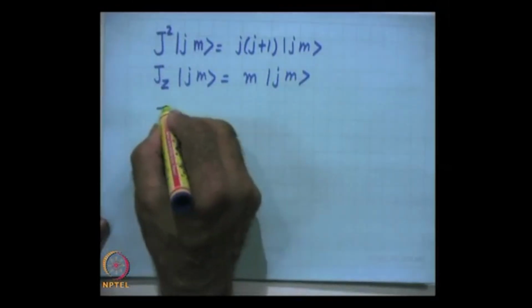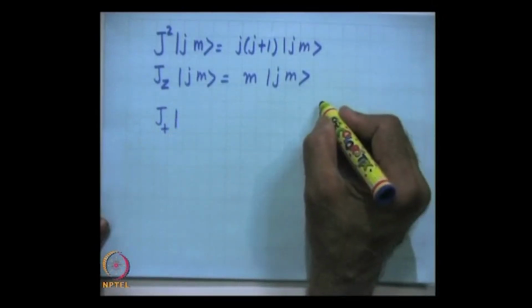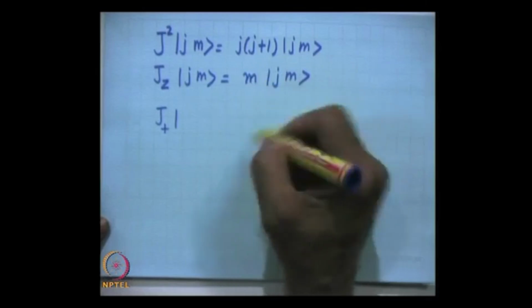Now, we say that these jm are orthonormal kets. These are simultaneous eigenkets, but they are orthonormal.